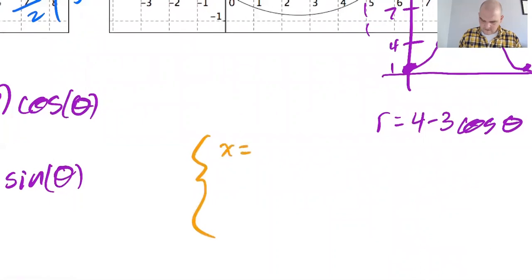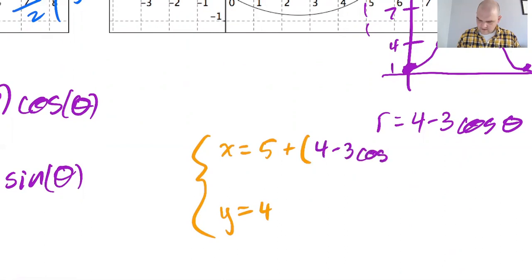All right, so x equals, y equals. All right, so 5, 4 is our center. 5, 4 plus quantity. Let's go back to this. 4 minus 3 cosine theta. And then cosine theta.